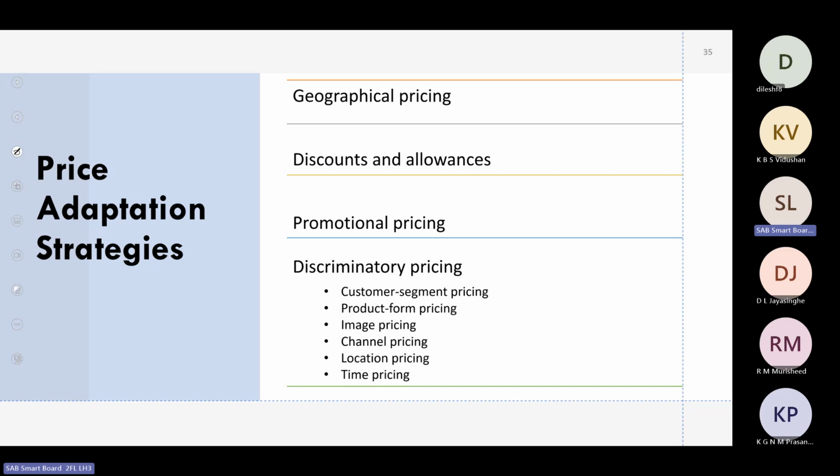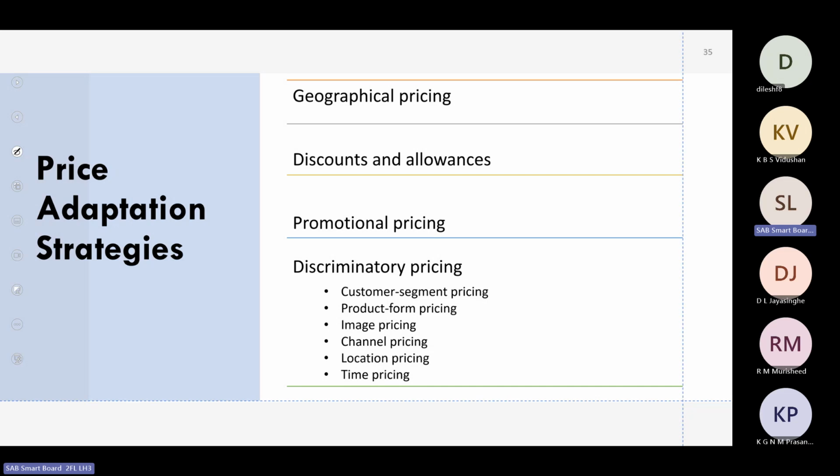We might have to pay a different price for the same product. If we buy it in the morning, we might pay a different price than in the daytime. These are really practical applications of price discrimination, or else we call it discriminatory price.